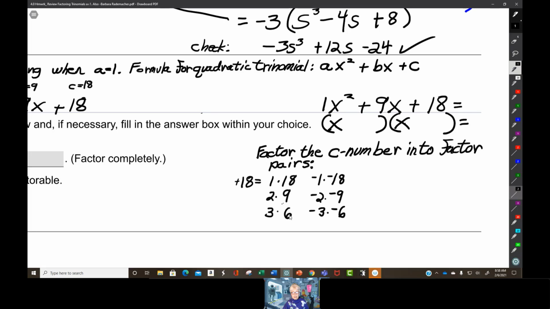Three and 6. 3 plus 6 equals positive 9. And positive 9 is my B number.